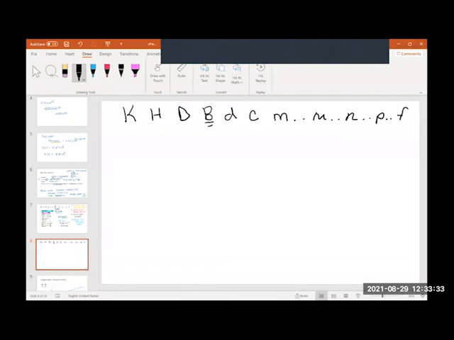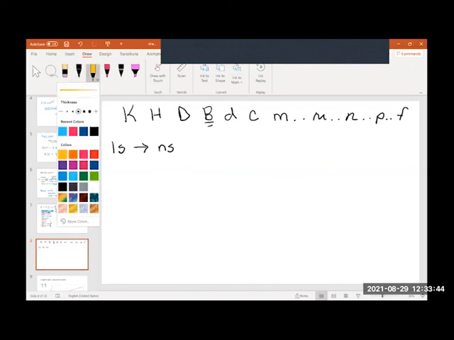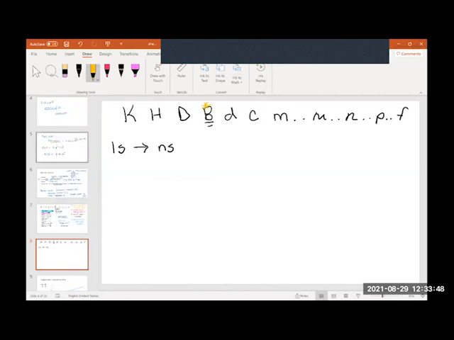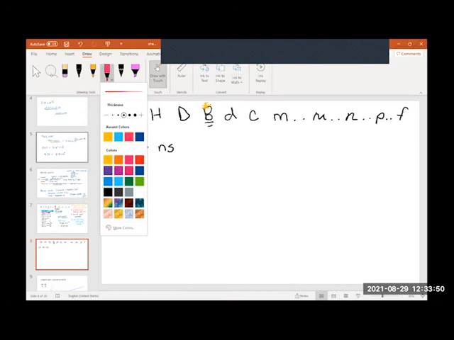Okay, so we're going to go from 1 second to nanosecond. Well, our first job is to identify our starting position, and we're starting at our base unit. Our second job is to identify our ending position.